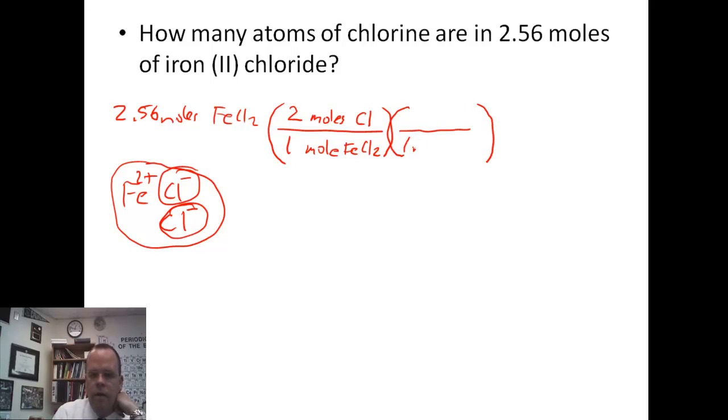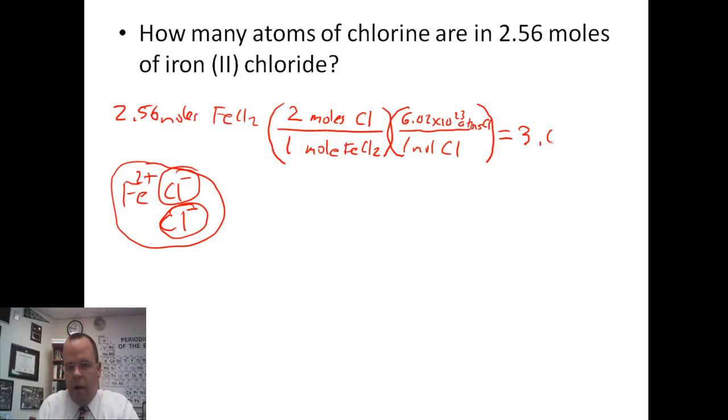Then we can go 1 mole chlorine for every 6.02 times 10 to the 23rd atoms chlorine. So 2.56 times 2 times 6.02 times 10 to the 23rd gives us 3.08 times 10 to the 24th atoms chlorine.